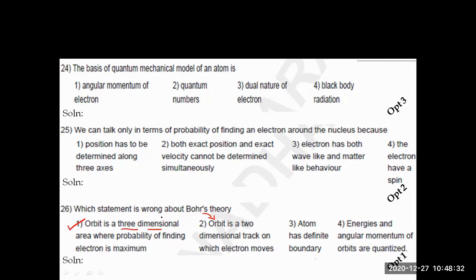He said electrons are revolving around the nucleus in particular energy levels, which are nothing but orbits. So that is a two-dimensional path. Orbit can never be a three-dimensional area; the three-dimensional space where electron probability is maximum is the orbital. Bohr's theory never spoke about orbitals. So option 1 is wrong.